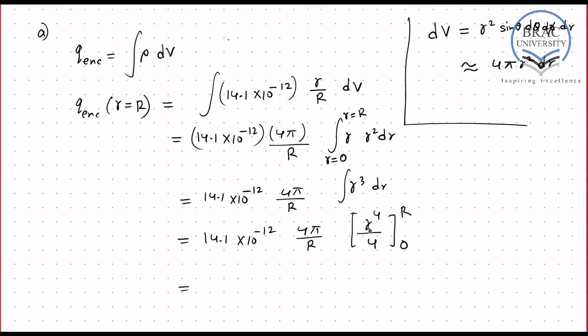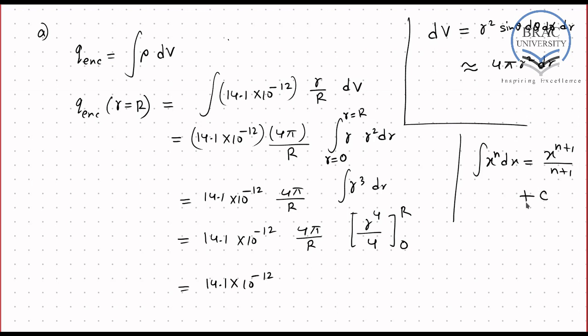So probably you guessed it, we'll just have big R to the power 4. You need to be familiar with this kind of integration. If you recall, the integration of x to the power n dx is x to the power n plus 1 divided by n plus 1, plus c.